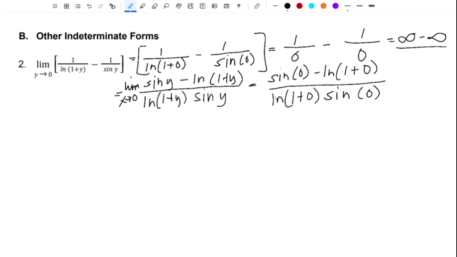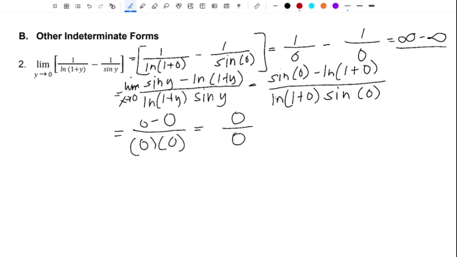We use our scientific calculator for a more accurate answer. Sine 0 is 0 minus ln 1 is 0, over ln 1 is 0 times sine 0, so we get 0 over 0.